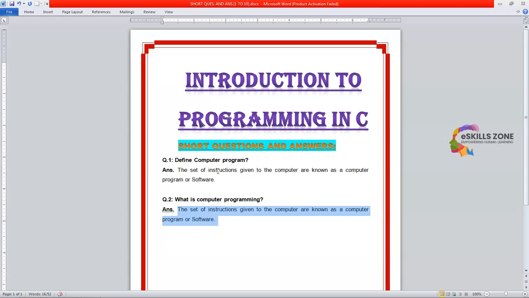The answer is, the process of feeding or storing these instructions in the computer is known as computer programming.